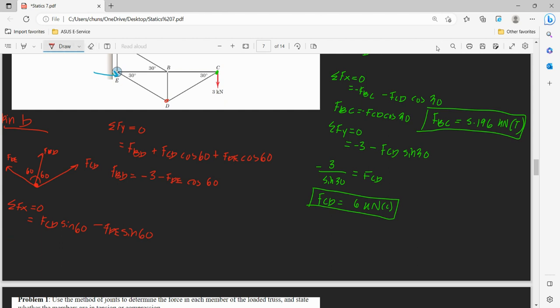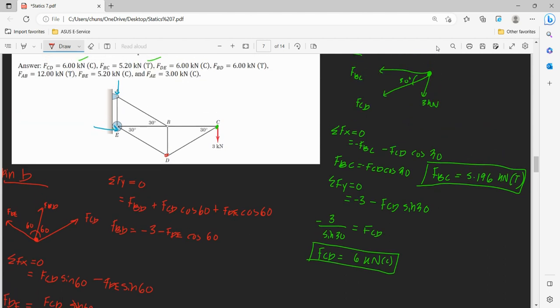So FDE is equal to FCD sine 60 over sine 60, so we can cancel those out. Then FDE is just equal to FCD, which is equal to 6 kilonewtons. And this is in compression, right? Because they're both equal. So FDE, that is correct.